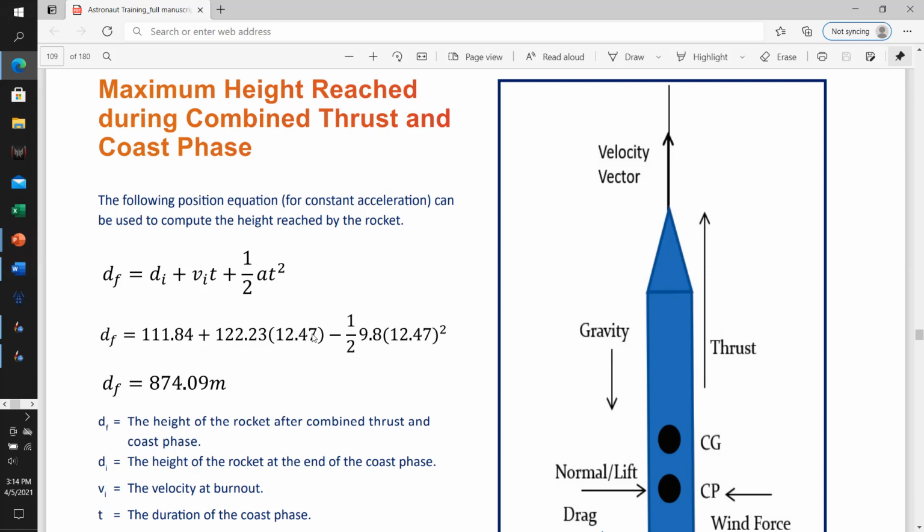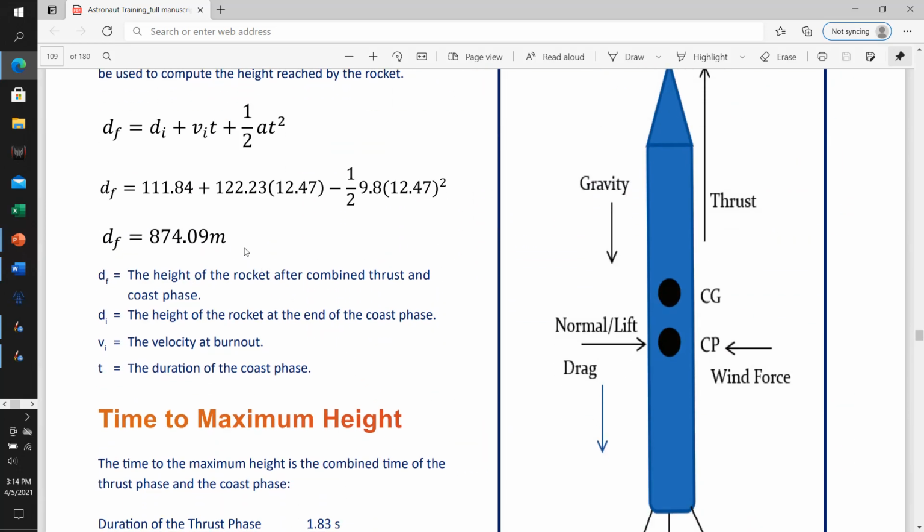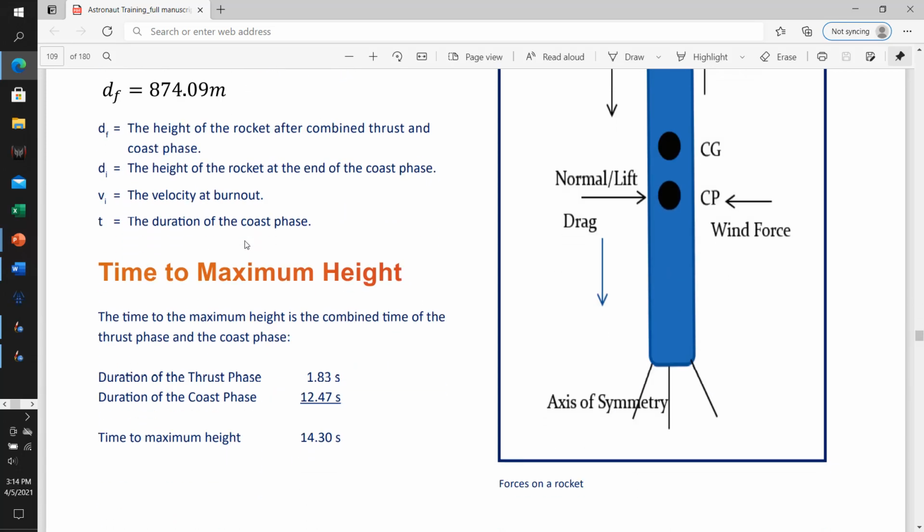And we know the coast phase is going to last for 12.47 seconds, which is what we just computed. So plug that all in, and we get a height of the rocket of 874.09 meters. Okay. So if you were launching this thing on the moon, where there's no air, it would go 874.09 meters.